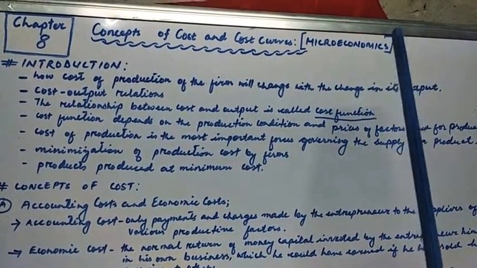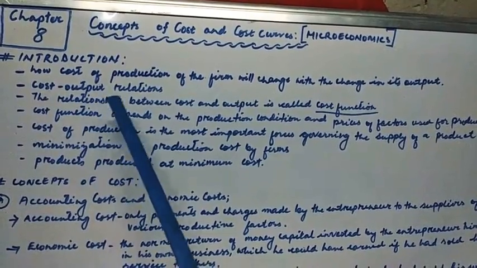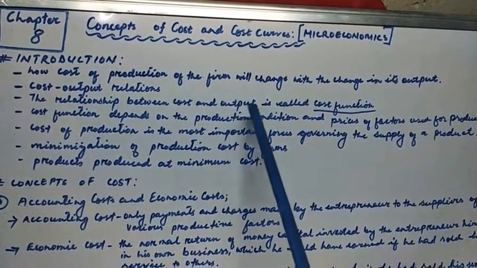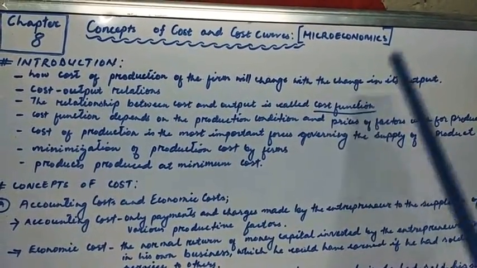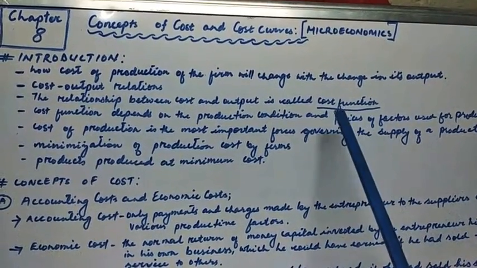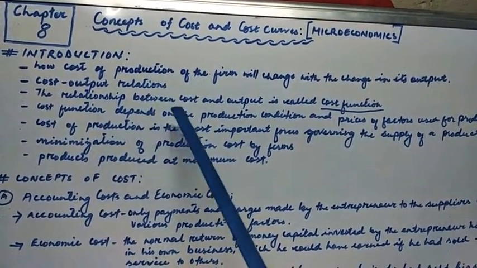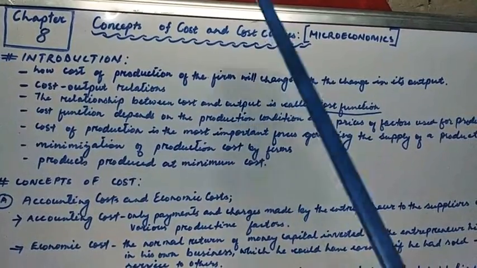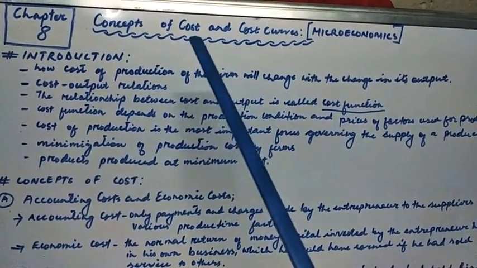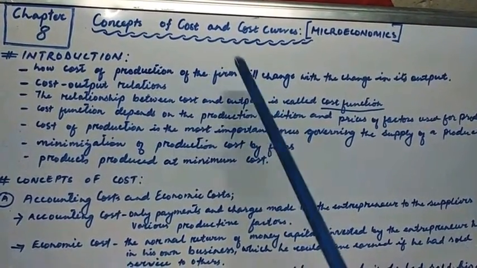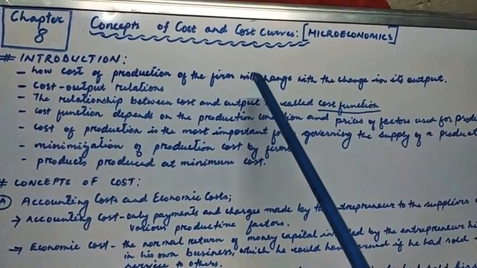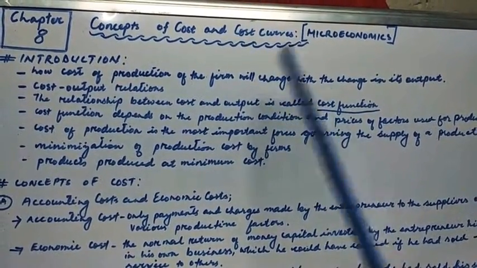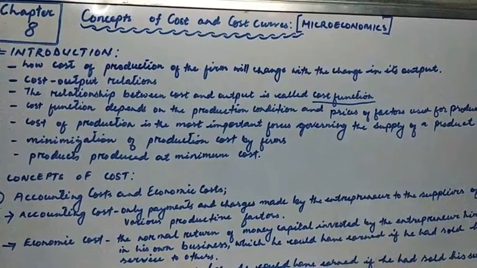So what is a cost function? The relationship between cost and output is called the cost function. So how will the production cost determine or alter the amount that is supplied? That is the cost function.